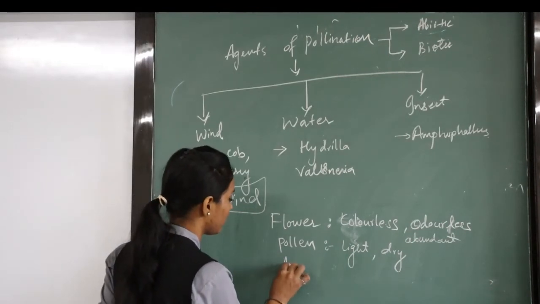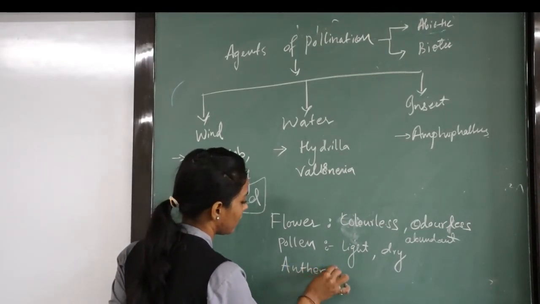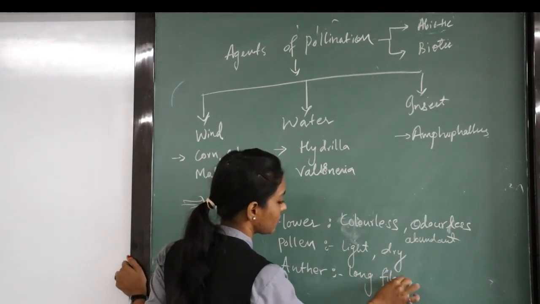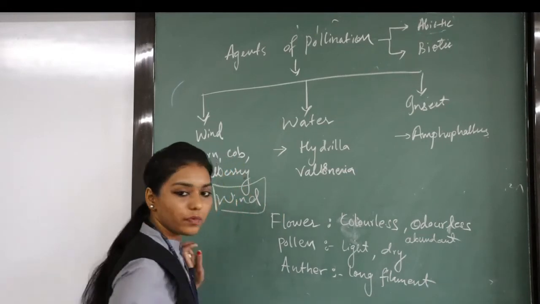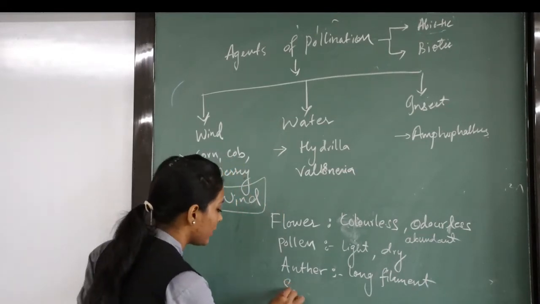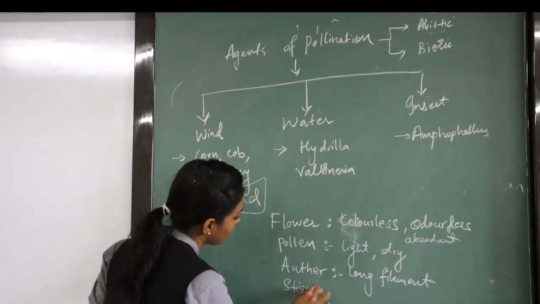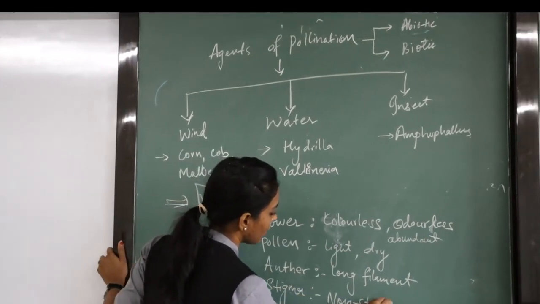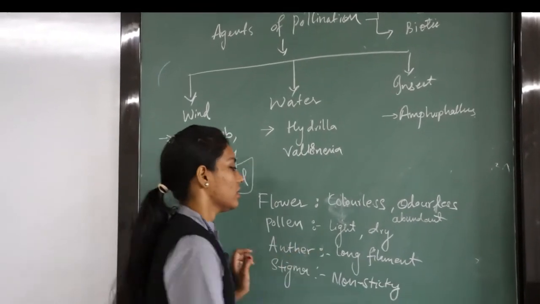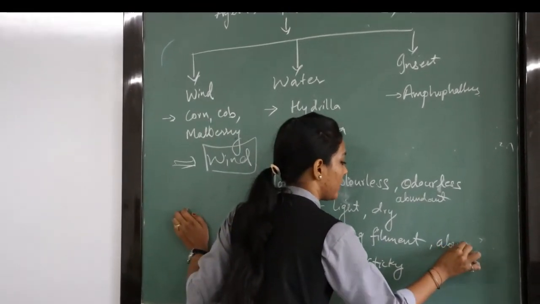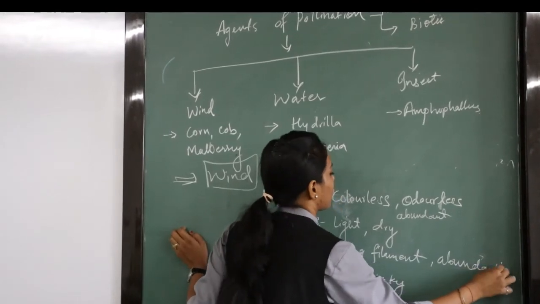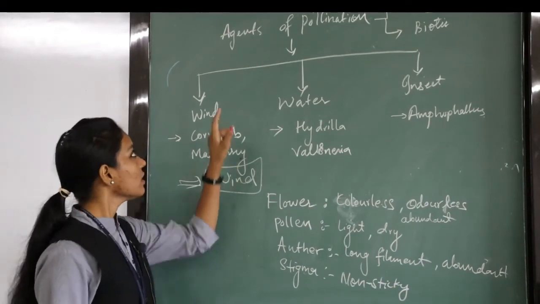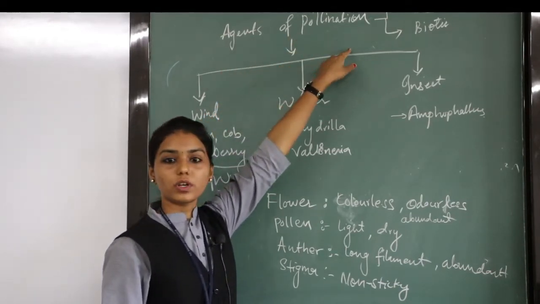The anthers have long filaments and the stigma is non-sticky, and they are also abundant. So these are a few characteristics which favor wind as an agent of pollination.